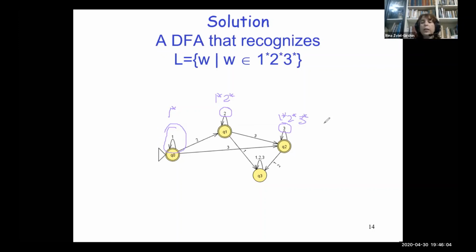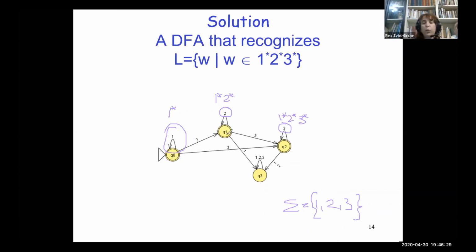Now I have to complete the solution. I was asked to build a deterministic finite state automaton, and I have an alphabet sigma of 1, 2, and 3, so I have to complete my automaton. In Q0, for 1, I stay in Q0.